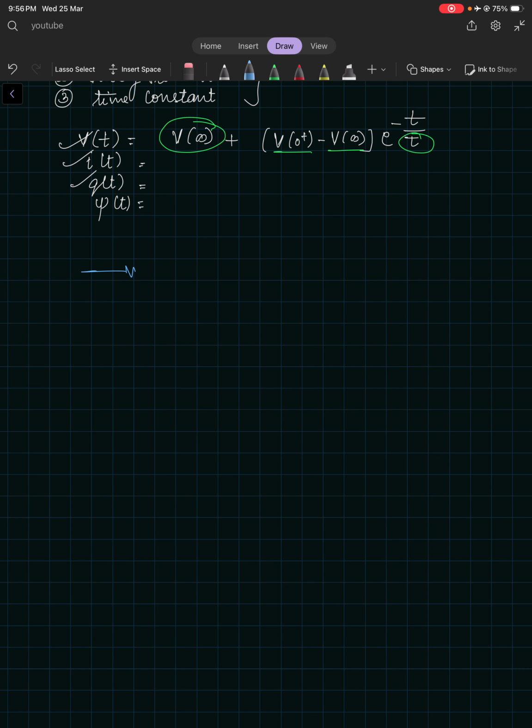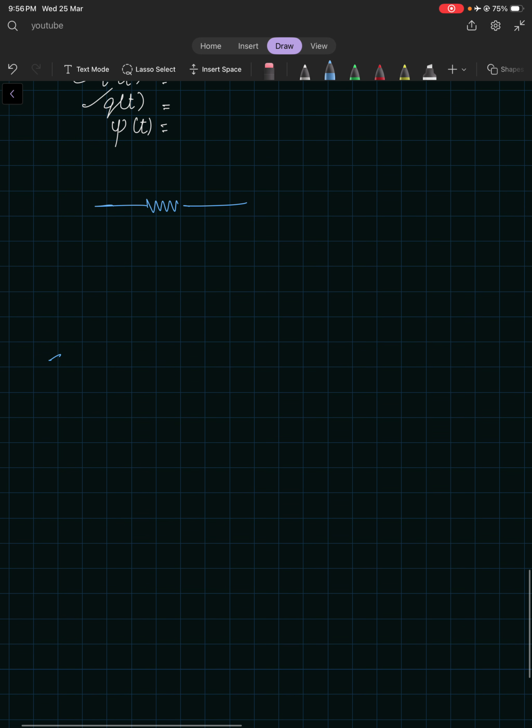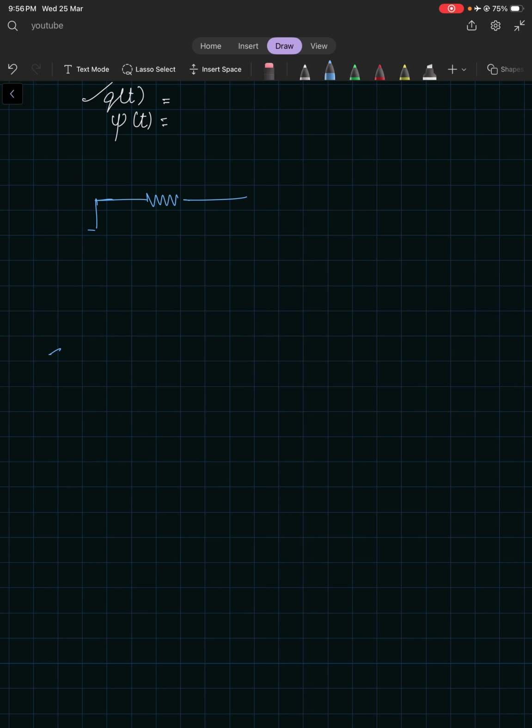So our question was like this: R is equal to 1 ohm, C1 was initially charged to 2 volts, and C2 was initially charged to 1 volt. So the initial condition is already given.